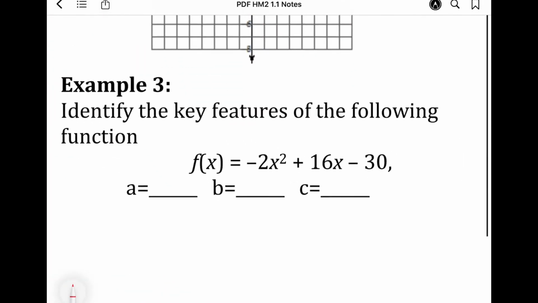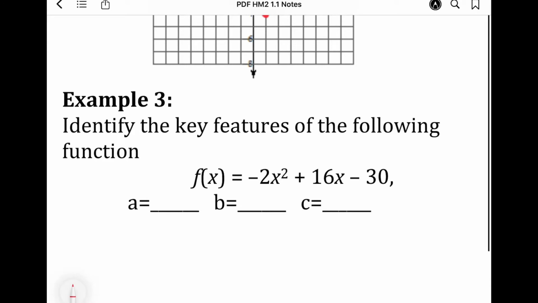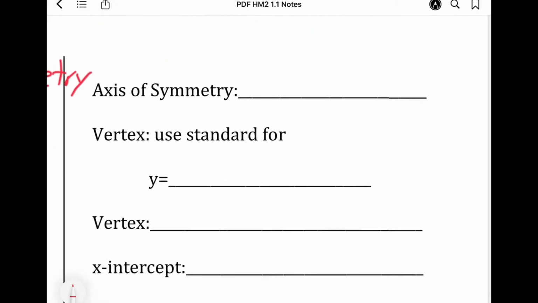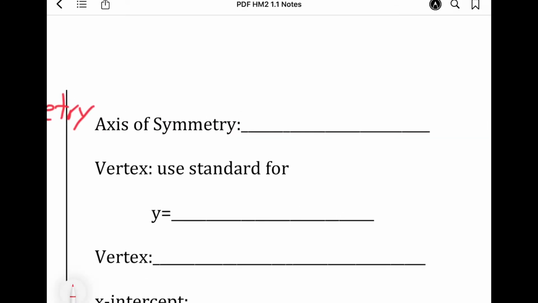Now example 3. Let's move on to a different function. Your A is negative 2, your B is 16, and your C is negative 30. So your line of symmetry is going to be found at x equals negative b over 2a.